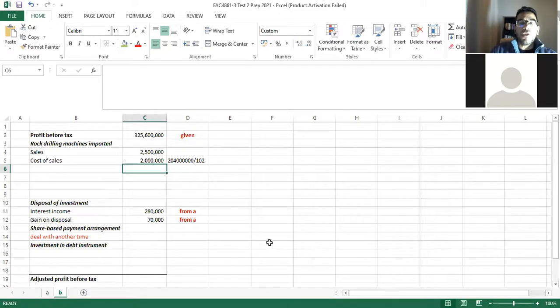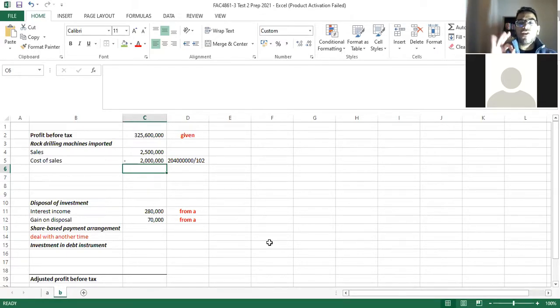Number two, you deal with the remeasurement of a monetary amount at year end if it was not yet settled. The third, you must deal with the translation of a monetary item at settlement date when you do settle.